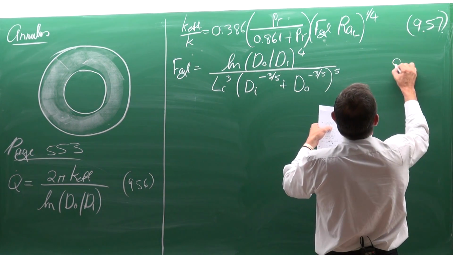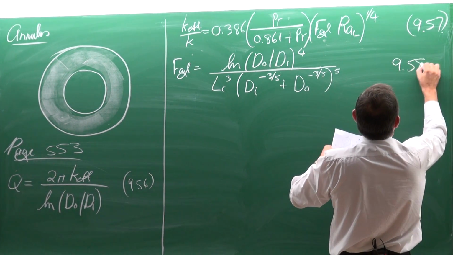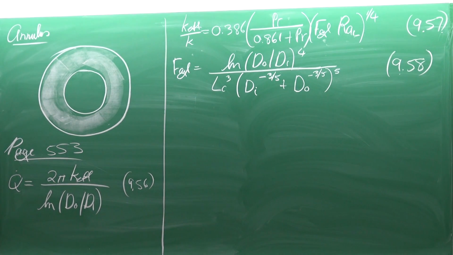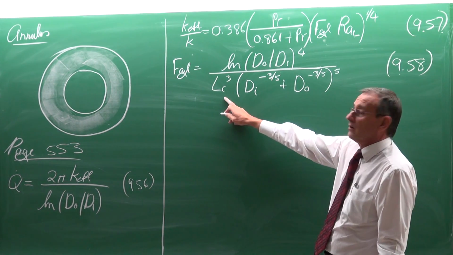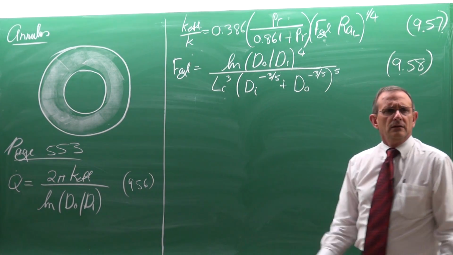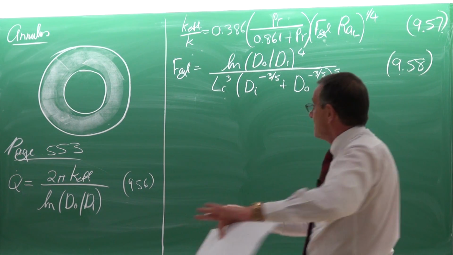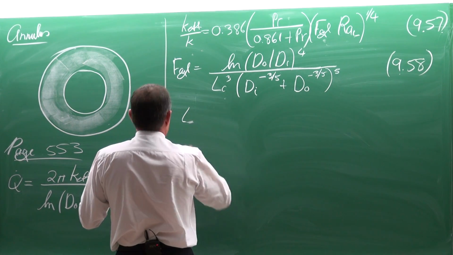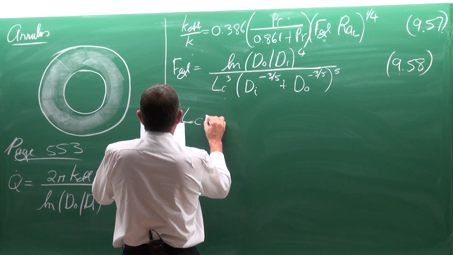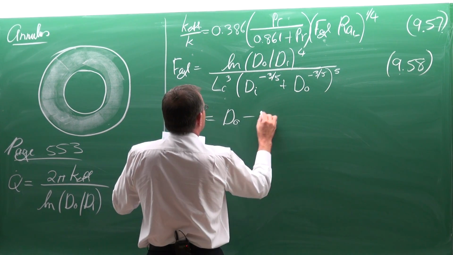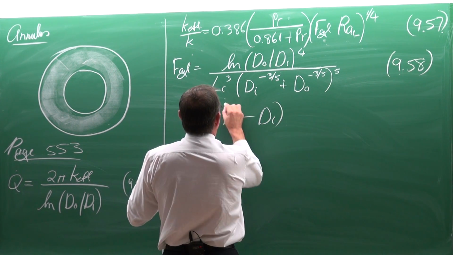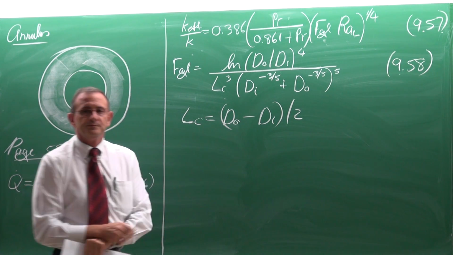And that is equation 9.58 in your textbook. And again, here's something new, an LC that you don't know what it is. There's no obvious equation, but if you go and read the text, it says that LC is equal to the outside diameter minus the inside diameter divided by 2.